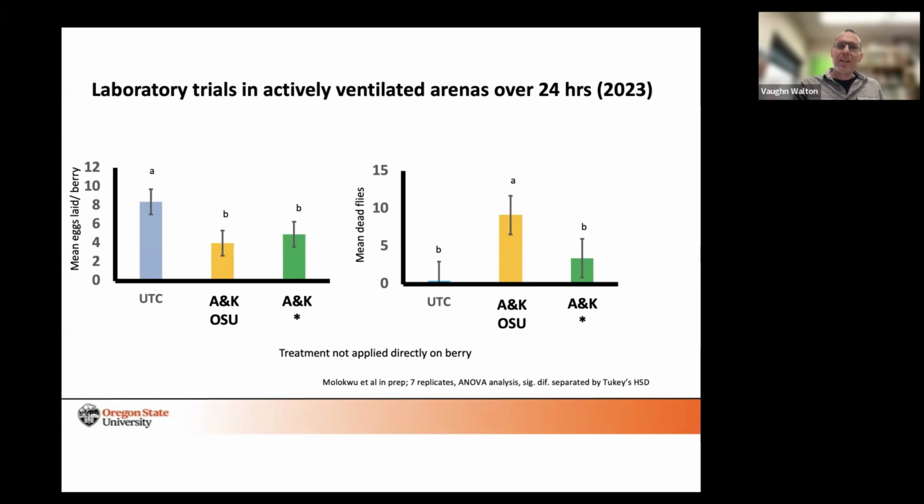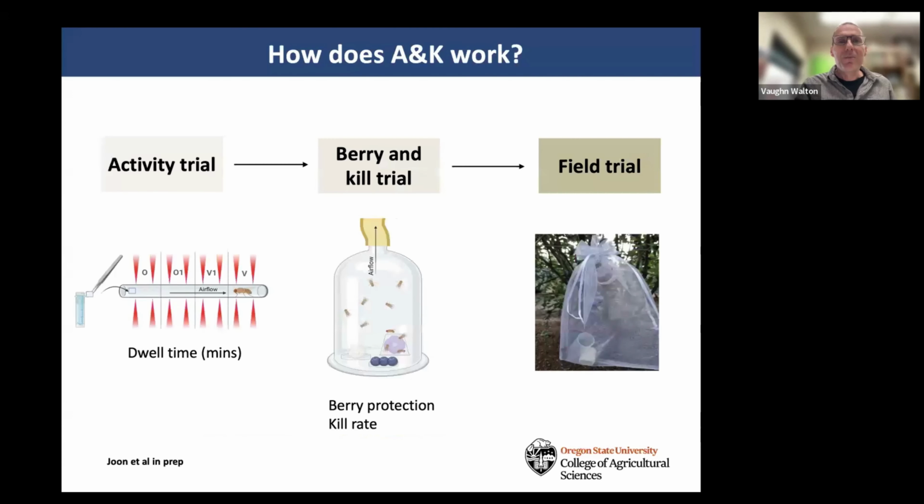And what we're seeing, if we're comparing to an untreated control with no dead flies, is that we're killing around 10 flies within a 24-hour period with the OSU attractant and 3 or 4 flies when we're looking at the other commercial attractants. So the data looks really good here. This is statistically different.